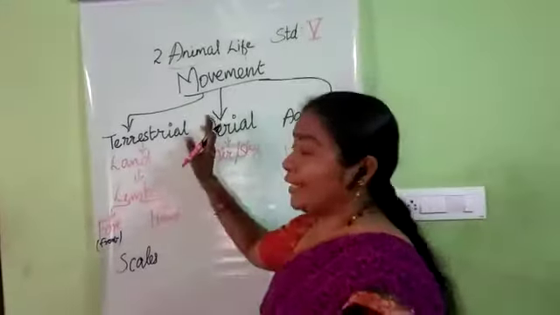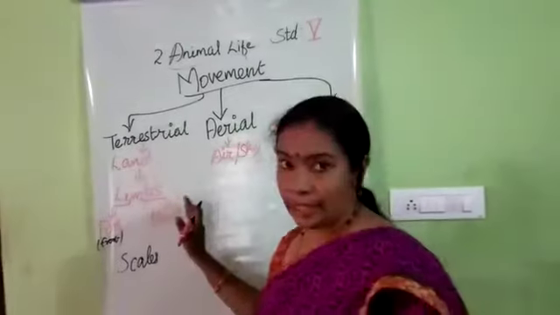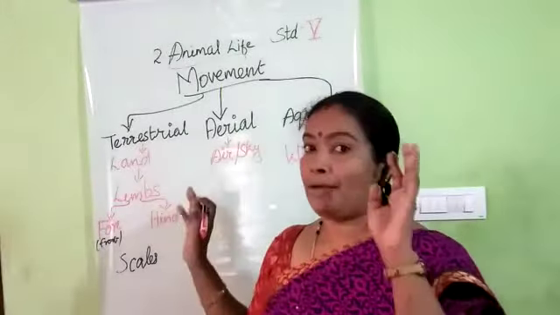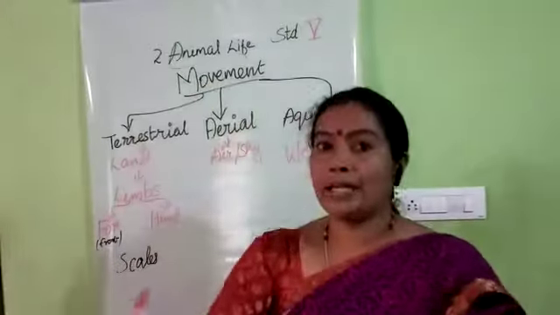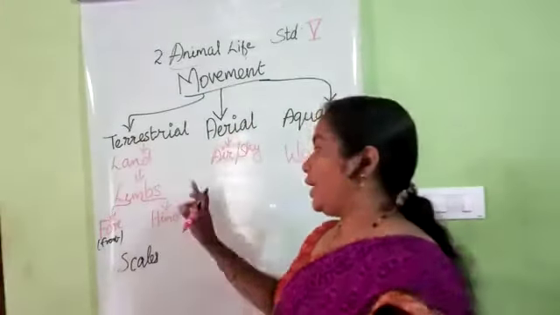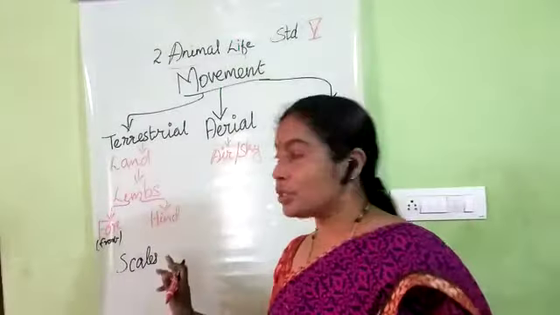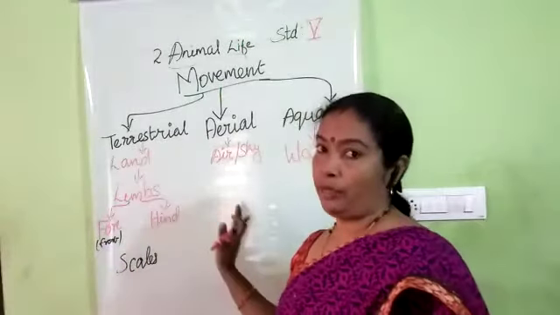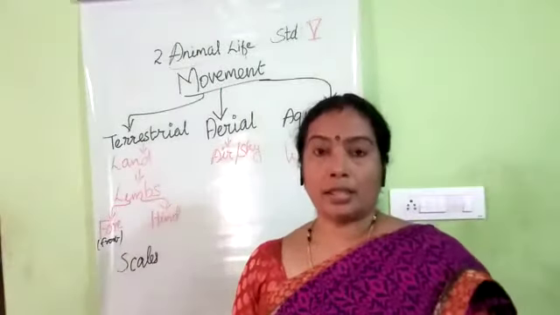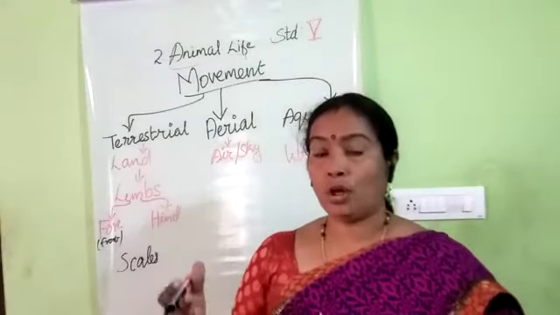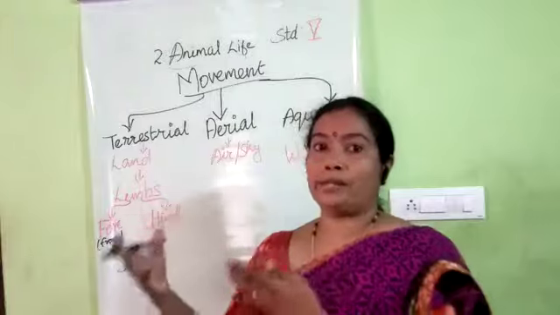So terrestrial animals are nothing but land animals. Most of the land animals have 4 legs, those are called limbs. The front limbs are called forelimbs and the back limbs are called hind limbs. Using those 4 limbs, they are moving from place to place. And the insects have 4 or more than 4 legs, 6, 8 legs we know.